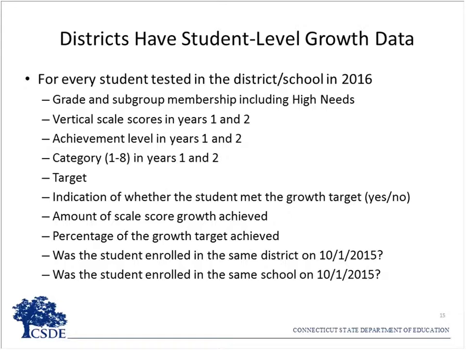It includes the individual student target for each student. That's in that file that was provided. An indication of whether the student met the target, a yes or no, the amount of growth achieved, the percentage of growth target achieved, all of that information is included. Also included are 2 important flags in the data. And this is something that you should know in terms of how the results are included in your file here.